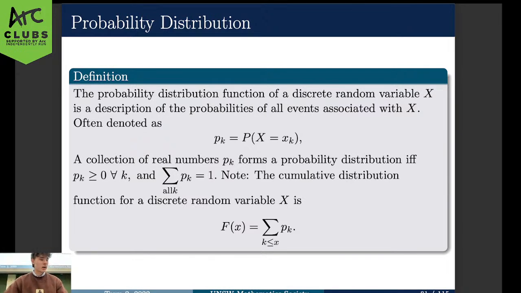So a collection of real numbers can only be a probability distribution if each probability is greater than or equal to 0, and as we sum all the probabilities over the entire sample space, we should get the number 1. And now we can express the cumulative distribution function, or CDF, as being the sum of all probabilities less than or equal to some variable x.